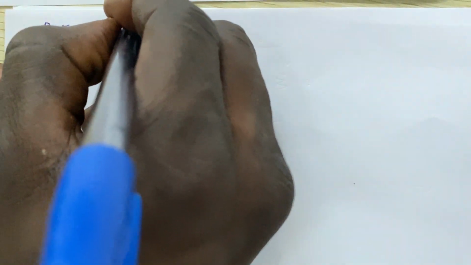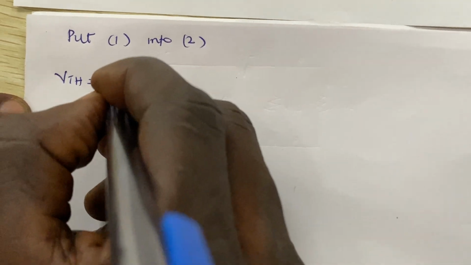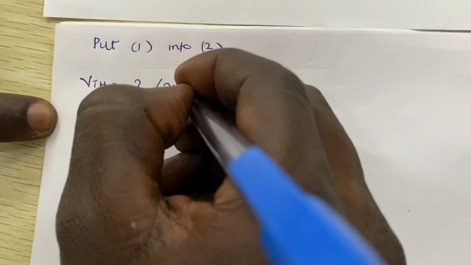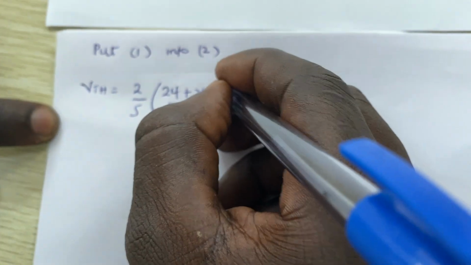So if we are to put equation 1 into equation 2, then it means that we are going to get VTH is equal to 2 on 5 into bracket our V1, which is 24 plus VTH all over 2, right?